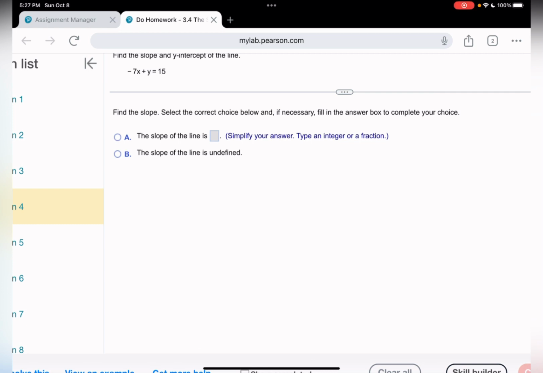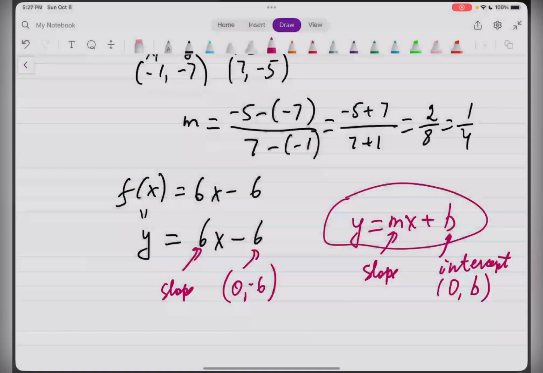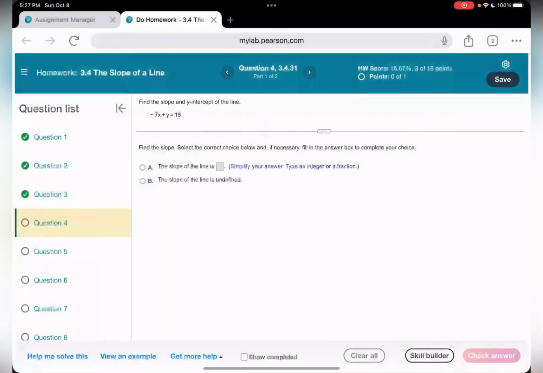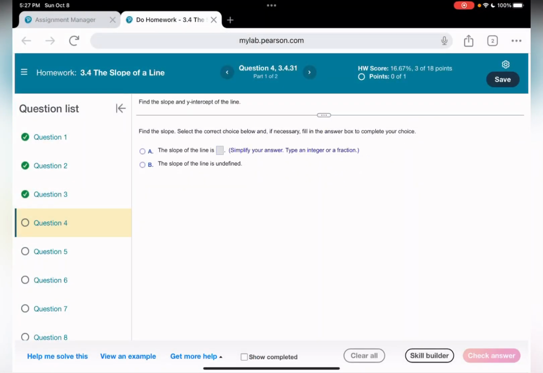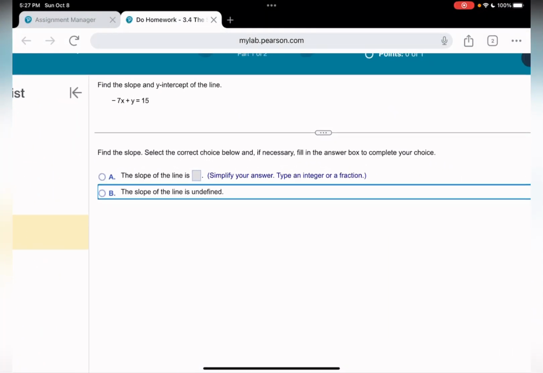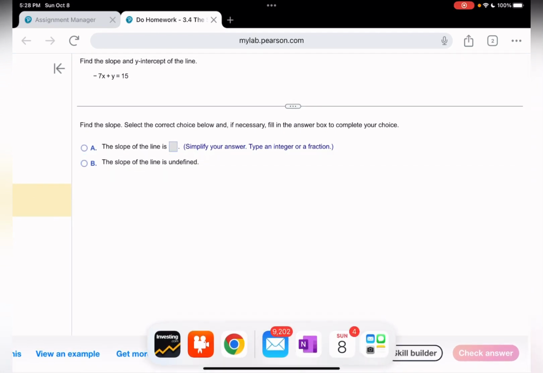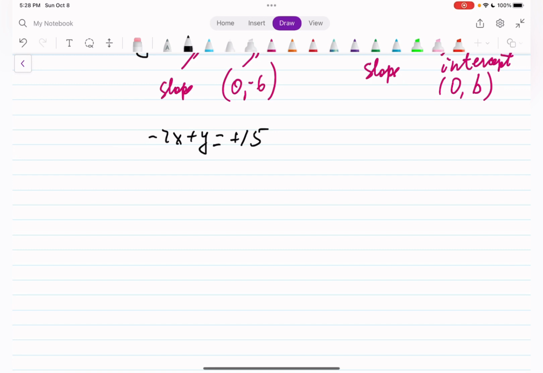Negative 7x plus y equals 15. Is it negative 15? No, it's positive 15. Okay, let it be positive 15. So I can't decide in this format which is slope or intercept.